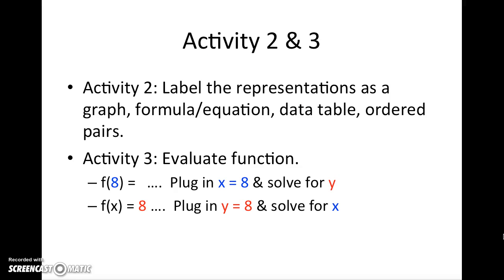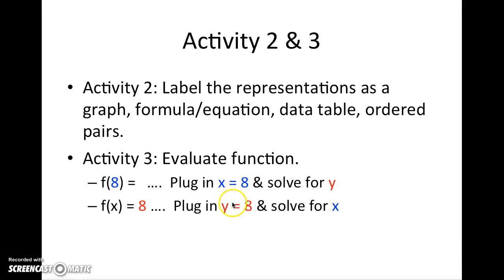Okay, so now you have that information. The next activity, activity 2 and 3, I'm going to give you a little information about what you're going to do. For activity 2, what you're asked to do is just label the representations. So it's either going to be a graph, formula or equation, data table, or ordered pair. So you just have to label them. Then in activity 3, you're asked to evaluate the function.